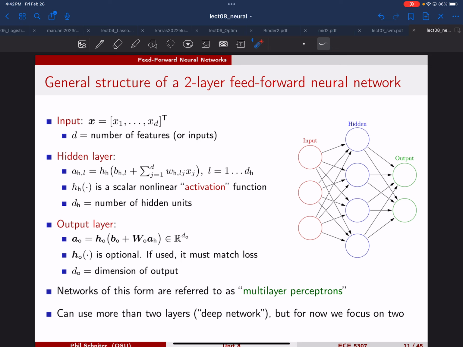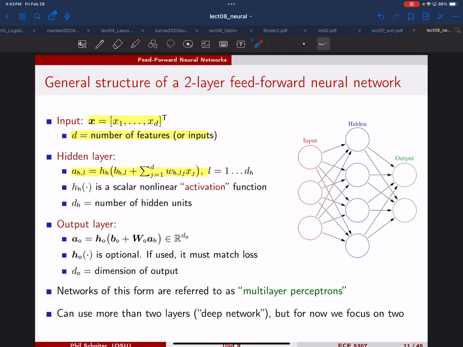So more generally, we're going to have inputs that are going to be d-dimensional, not necessarily 2 like we talked about, but just some number d. As always, same number we've been using all semester, number of raw features. And the hidden layer is going to have essentially the same form as what we talked about.